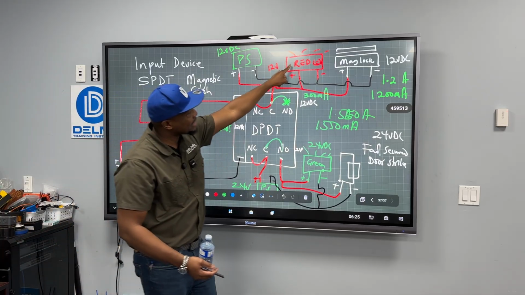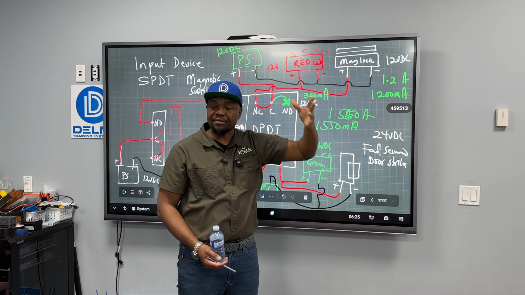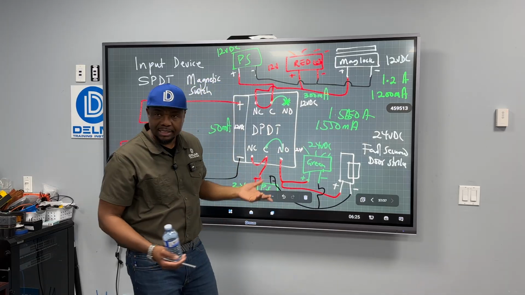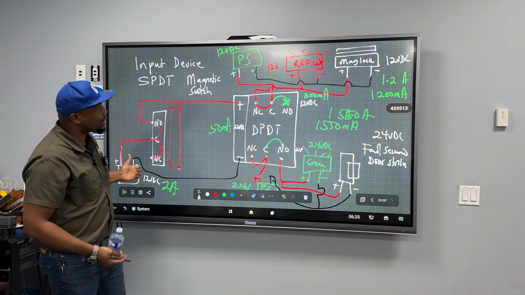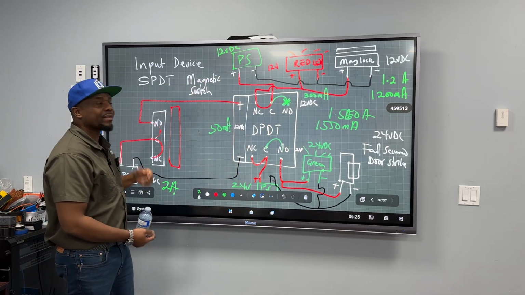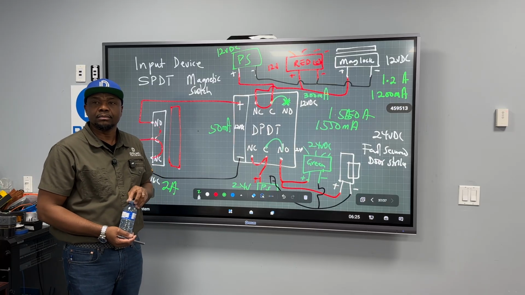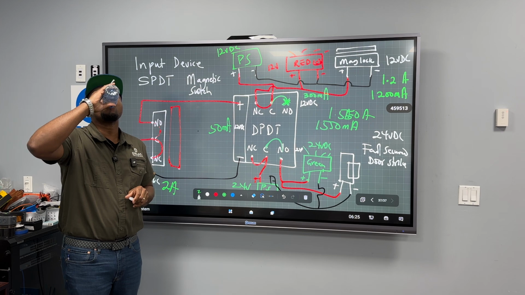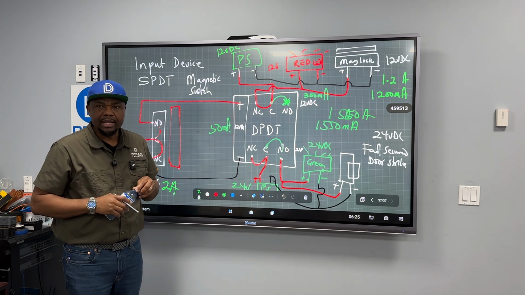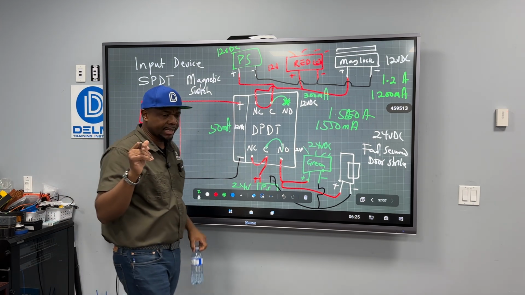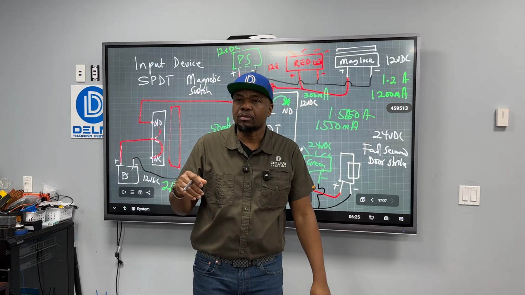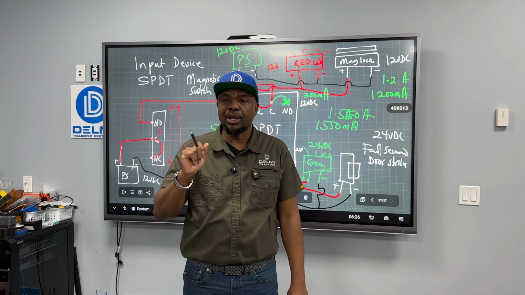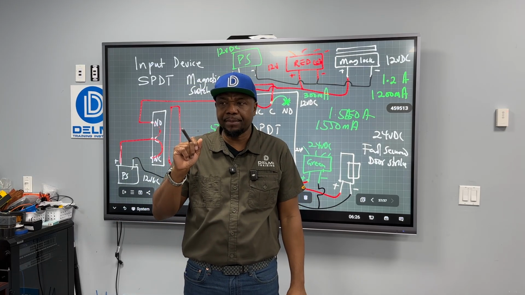I'm able to power this, and I'm able to power that. I have enough current to go around. So that's a good question. You can use one power supply instead of providing separate power supplies for it.